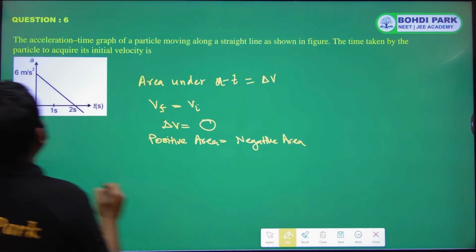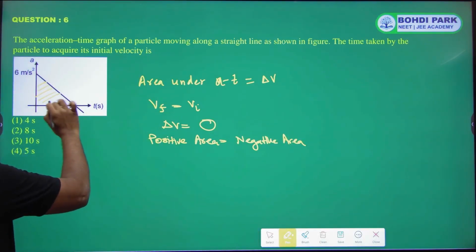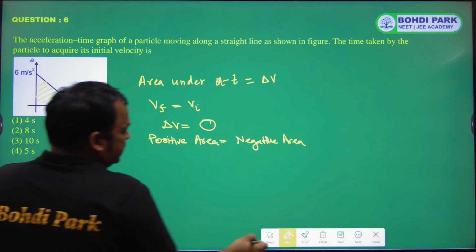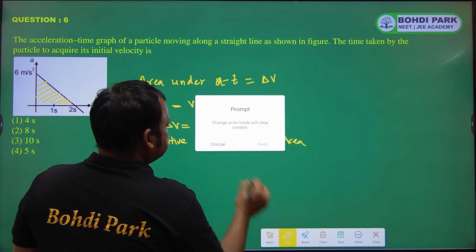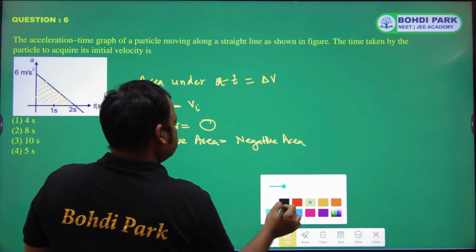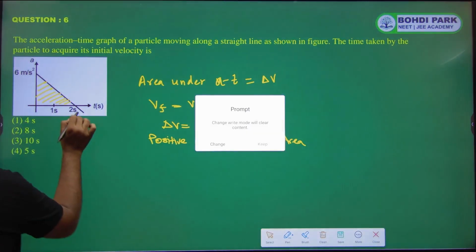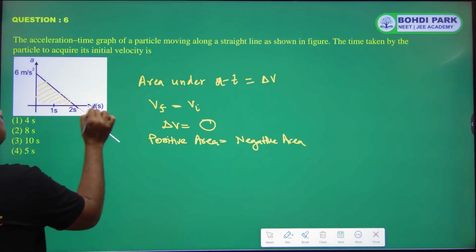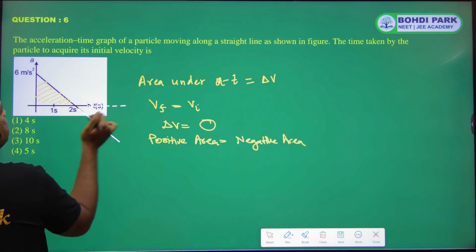Now over here you observe this area is positive, so we have to select an equal negative area. If I extend this graph like this, I want equal area in magnitude.